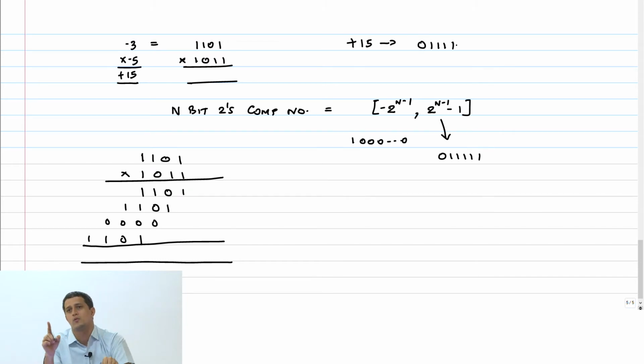Don't say 1, 1, 1, 1. 4 ones is equal to what? Minus 1 in 2's complement representation. So you cannot leave this preceding 0 out when you're dealing with 2's complement numbers. So you have to get 0, 1, 1, 1, 1 as your answer. So do it and now tell me if you are able to get it or not.